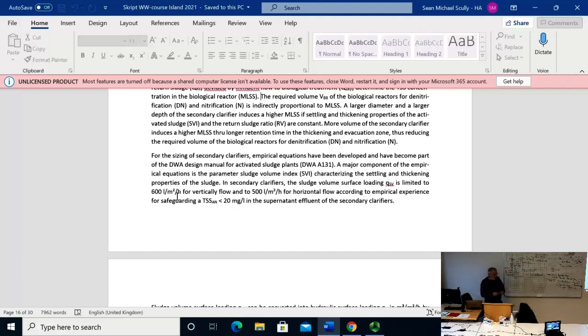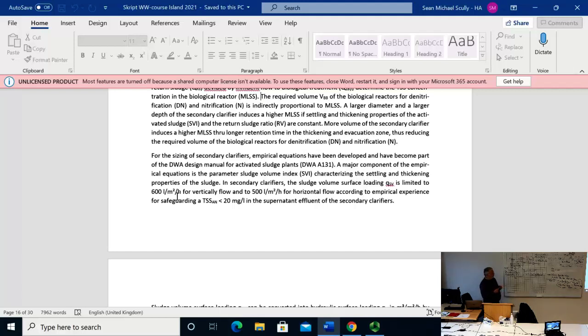The only input you really need is this Q_SV. This comes from empirical knowledge; it's what you have to look up from experience.